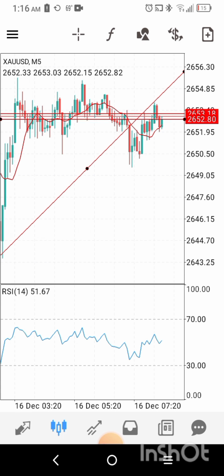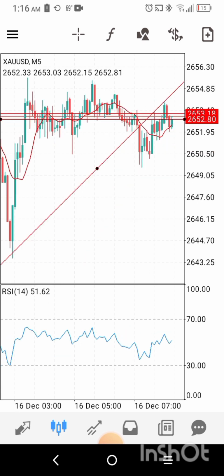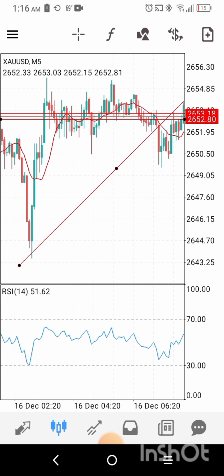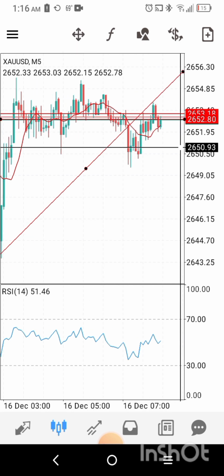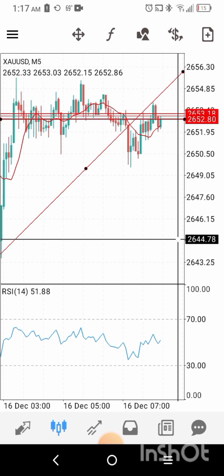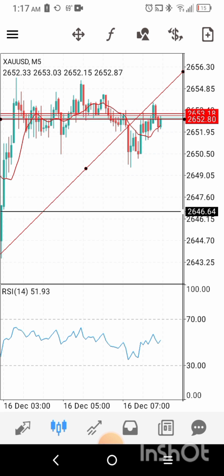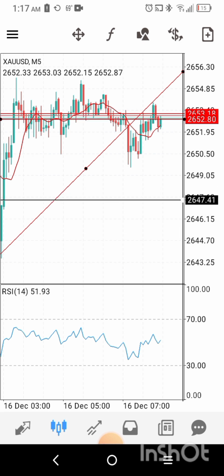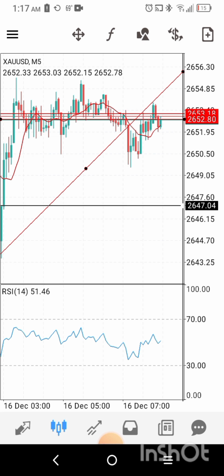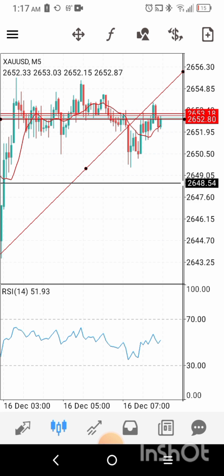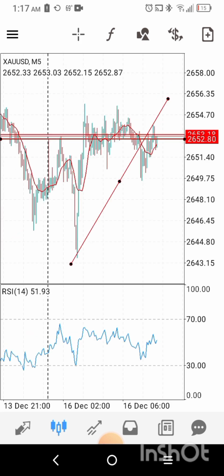It broke this trend line, and now we're just waiting for price to go from 53 back down to 43. What's between 53 and 43? About 47, 46. Pretty self-explanatory.